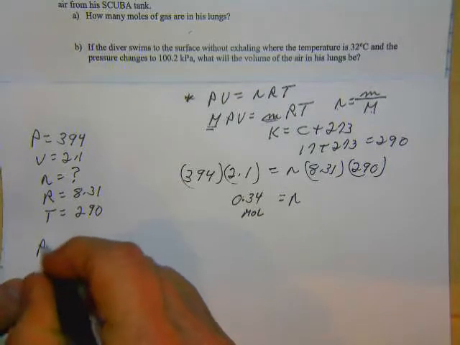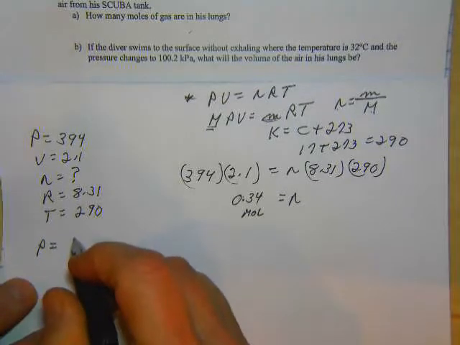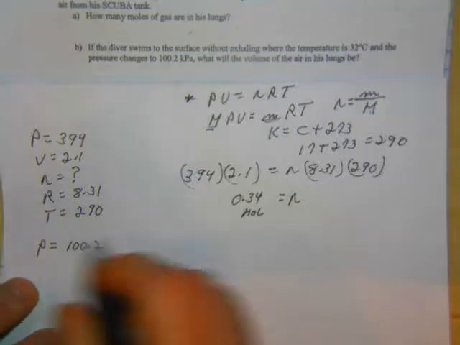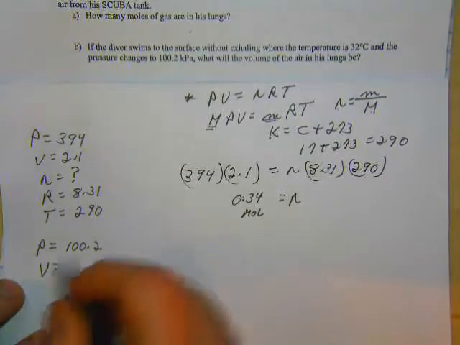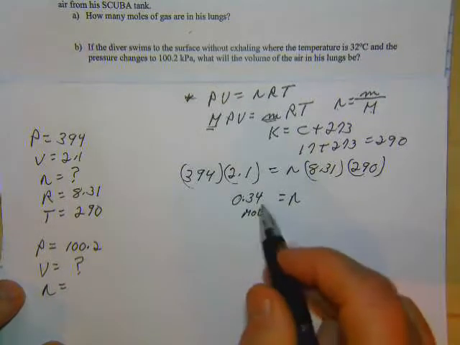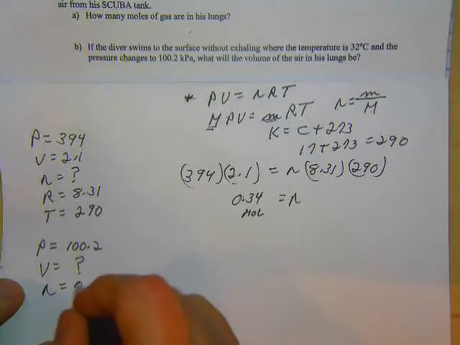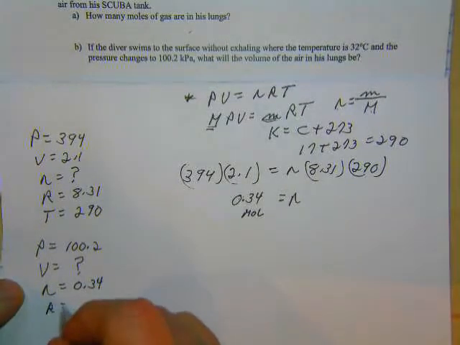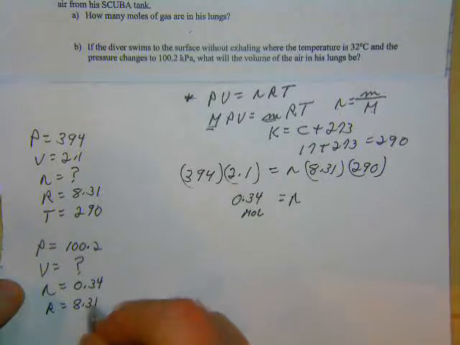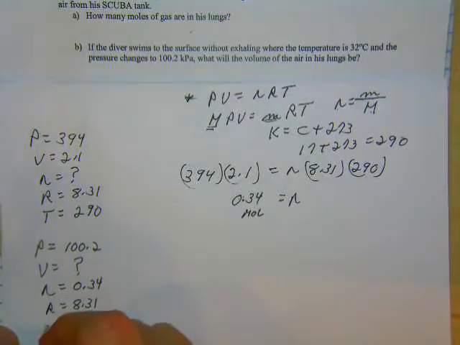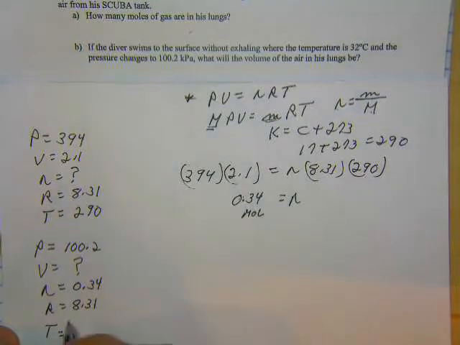We've got pressure, and that's going to be 100.2, and volume we don't know, and n from the previous problem is 0.34. R is going to be 8.31 because we're using kilopascals.